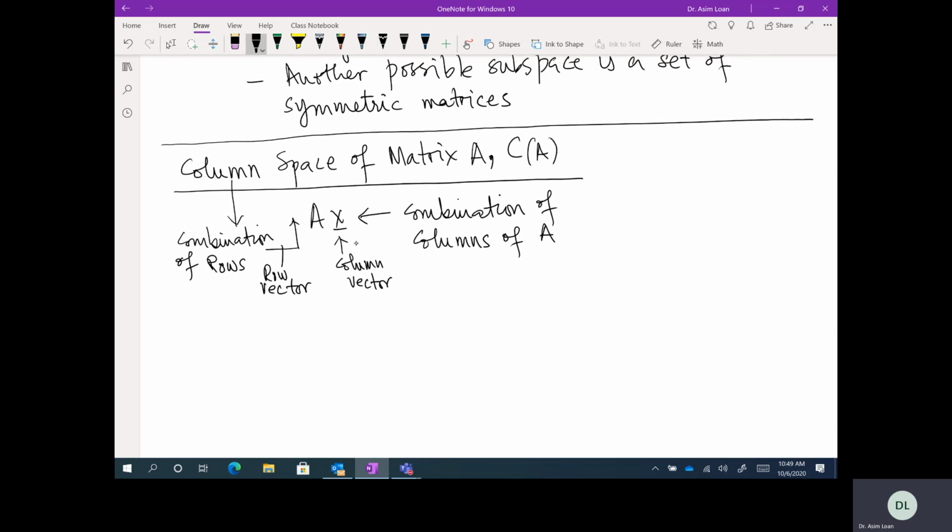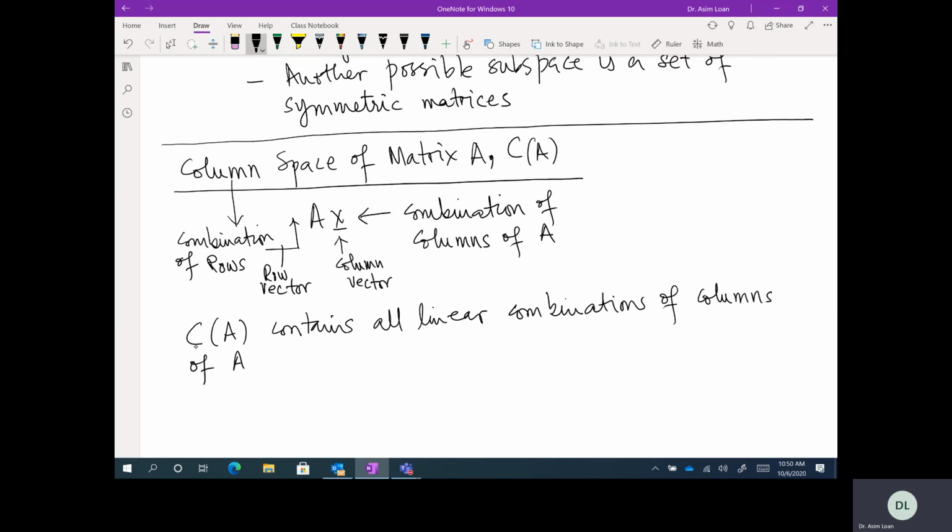So when you're doing A times X, you are actually looking at the combination of columns of A. So the column space of A contains all linear combinations of columns of A. So try to remember this, or even if you don't remember, try to visualize this.